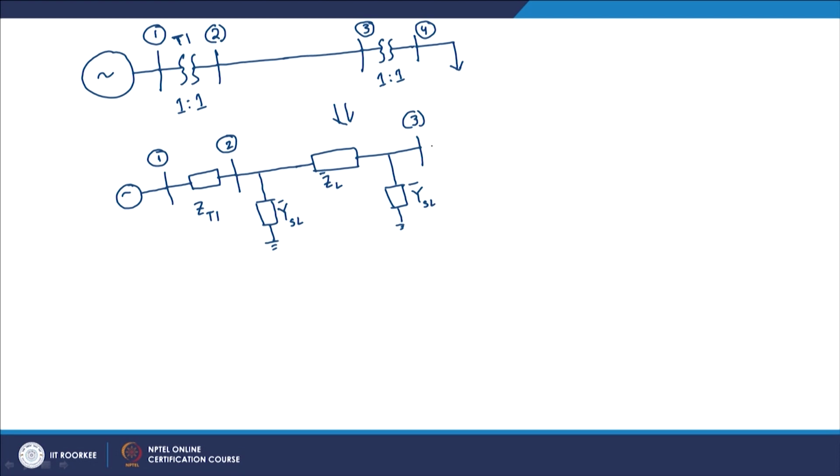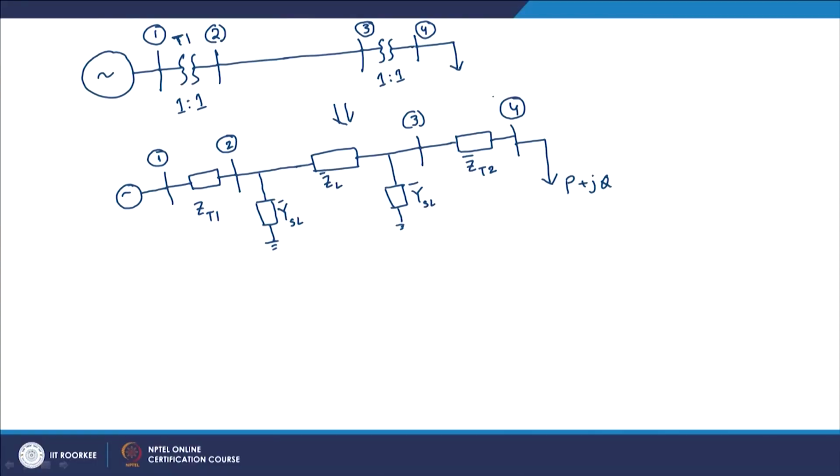Then between bus 3 and 4, I have another transformer. Because this is also a nominal tap changing transformer, it will also be represented by an impedance ZT2, and then I have a constant power load, P plus JQ, at bus 4. So, our simple power system is now reduced to an equivalent circuit.